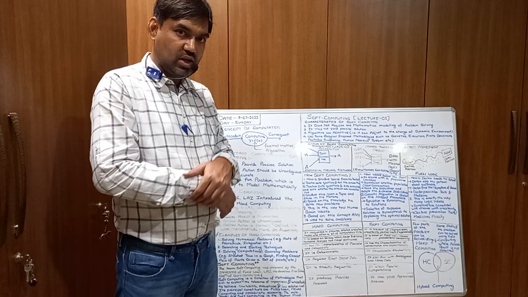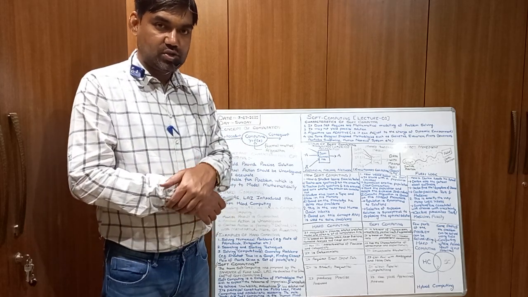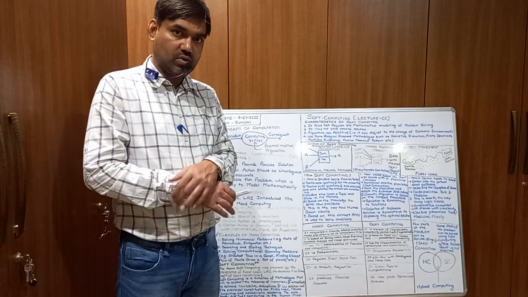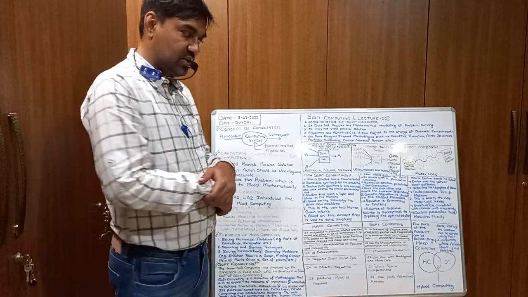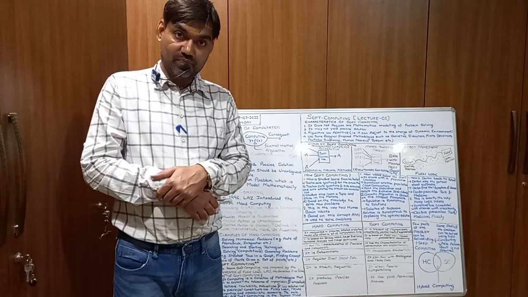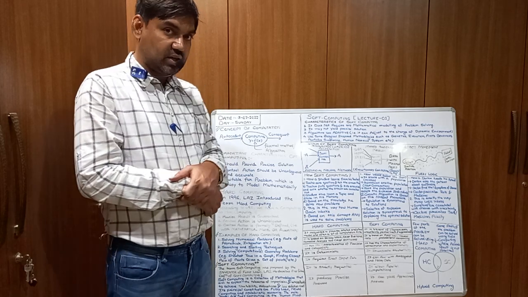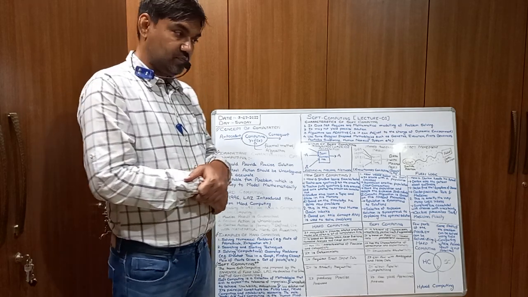You cannot think of uncertainty. Certainty should be there, but in soft computing you can think of uncertainty. Then tractability, yes, you want to have tractability when it comes to soft computing.